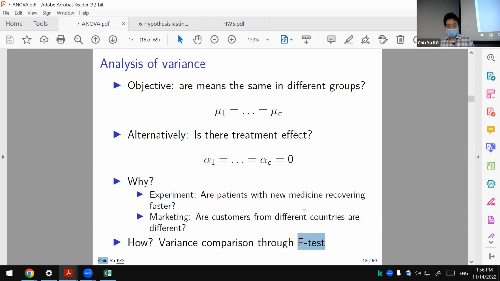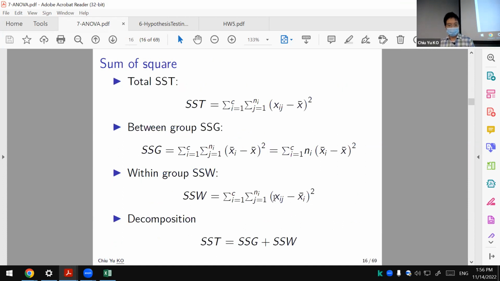The main idea, before I go to that, I may just do this one, and then I talk about the variance. But we need some notation first, to see what's going on. So the first one, sum of squares. We have 3 terms: SST, SSG, and SSW. I'll tell you what they mean, and then you will see why we do the F-test.